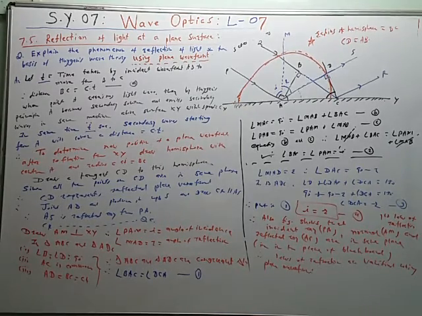To show them equal, what did we do? We showed these two triangles to be congruent triangles. So this angle is 90 degrees, this is also 90 degrees. AC is a common line, common hypotenuse. So one angle is the same, one side is the same, and AD is the radius of the circle, and this radius is taken exactly equal to BC. So radius AD is equal to BC, equal to CT, AC is common.